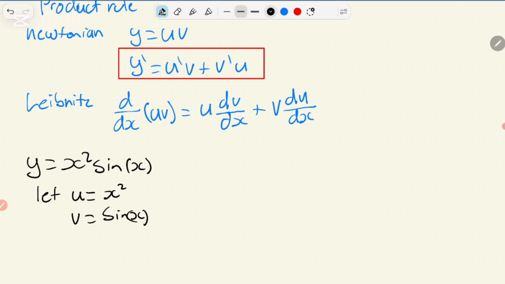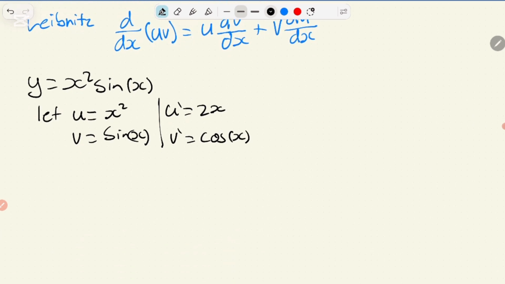Now we need our u dash and v dash. These are simply the derivatives of u and v respectively. So u dash equals 2x and v dash equals cosine x. Now we have everything, we can just plug it straight into the formula.